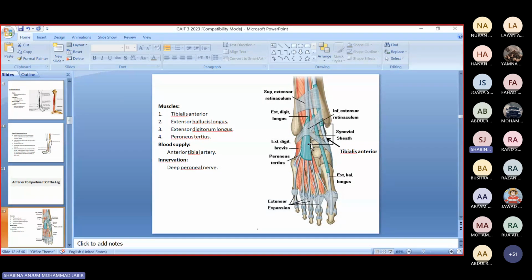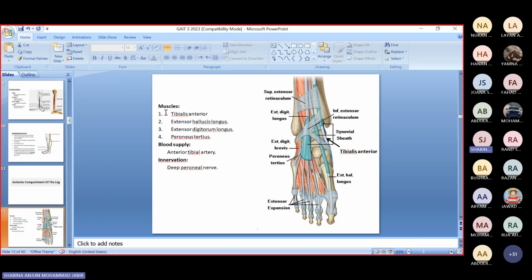Okay, then we have the extensors which will be acting on other lateral toes. If you remember in upper limb also you saw the digitorum longus. Do you remember? Same way here also we have digitorum. Digitorum means this is for the lateral 4 digits.